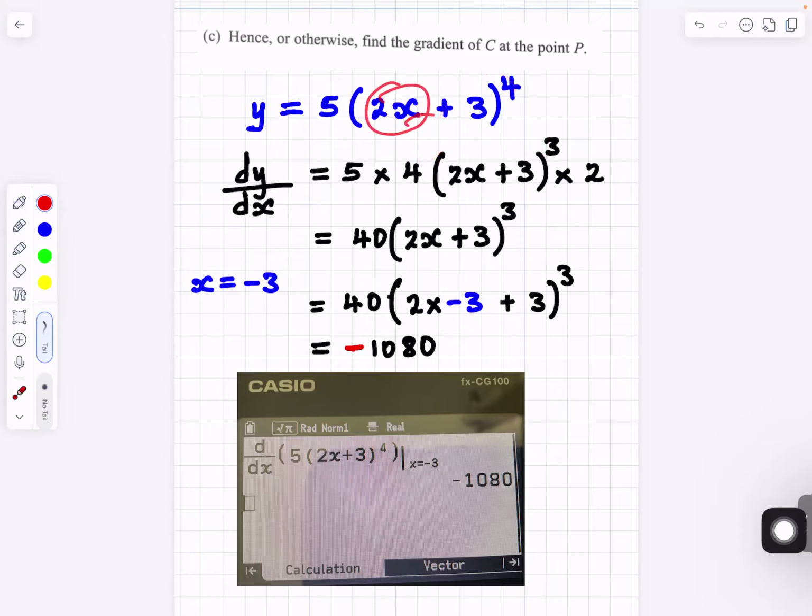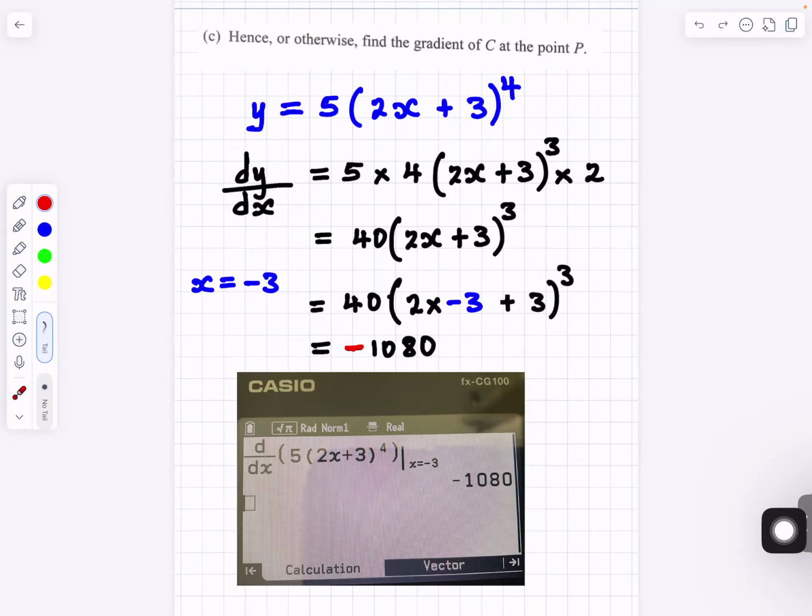When you differentiate 2x, you get 2, not 2x again. You write the 2 outside, and differentiating 3 gives 0. So you substitute now, x is minus 3. Put that in your calculator, you get minus 1080.